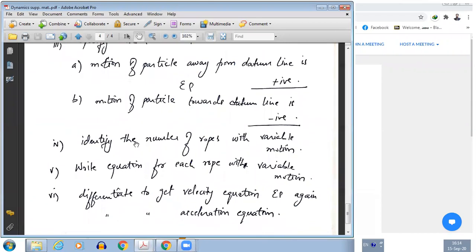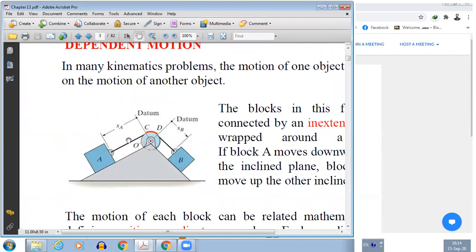Then write an equation for each rope with variable motion. We need to write an equation for each rope. So let's talk about this rope. If I want to write the equation of this rope, it would be like this.